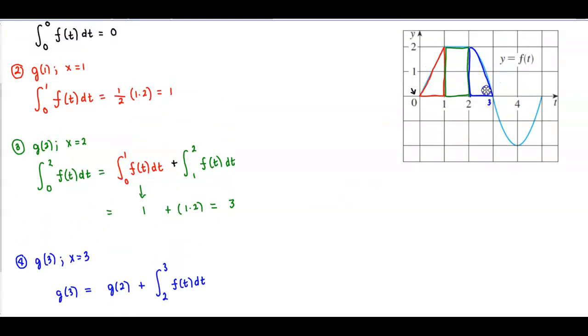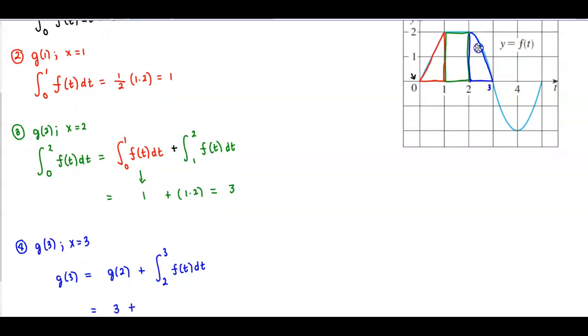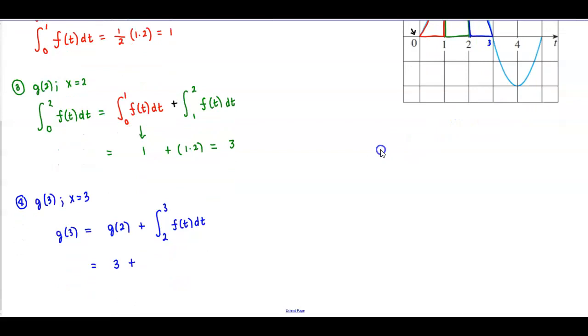That triangle is 1/2 the base times the height, which is approximately, a little over 1, so about 1.3. And so we approximately get 4.3.